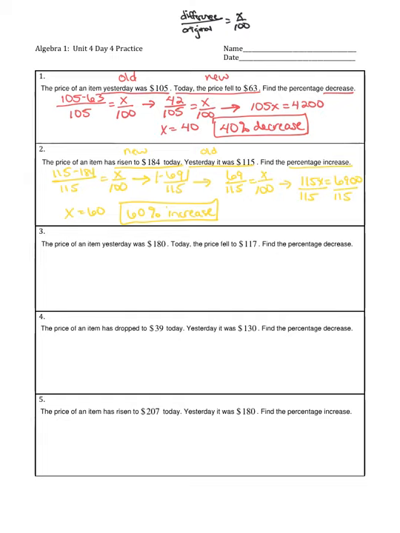and I'm going to show you why. Yesterday the price was 180. Today the price fell to 117. So I'm going to do, actually I don't have to do it, old minus new over the original price.